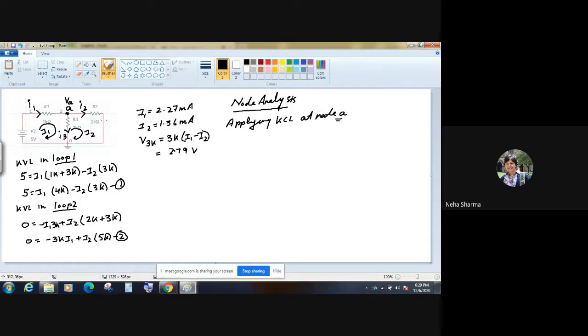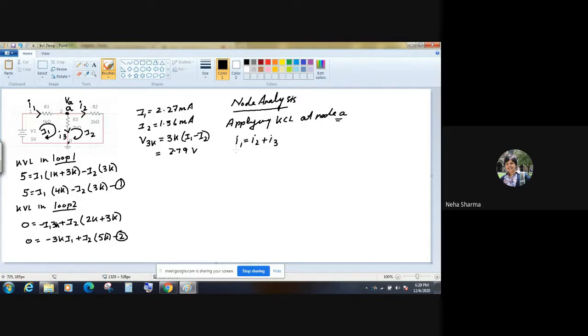The other node of relevance is this node, which is your reference. When we do that, we can see that i1 is the current entering, and i2 and i3 are leaving. So if I apply KCL at node A, then i1 will be equal to i2 plus i3, because i1 is entering node A, but i2 and i3 are leaving.